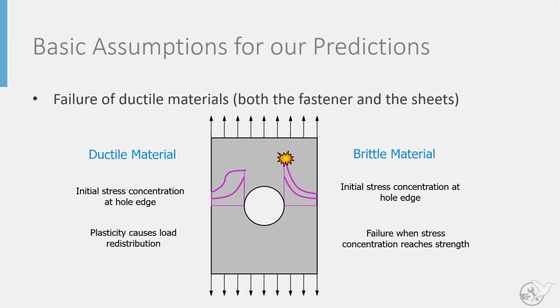This is convenient for developing our models for failure because we can ignore the stress concentration of the hole and just utilize the fact that plasticity will redistribute loads and result in an approximately uniform stress equal to the ultimate strength at final failure.